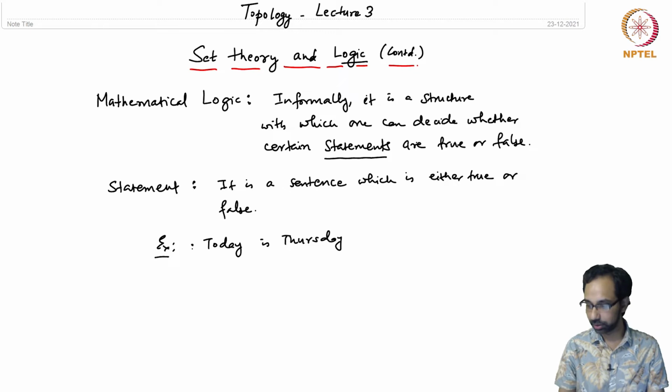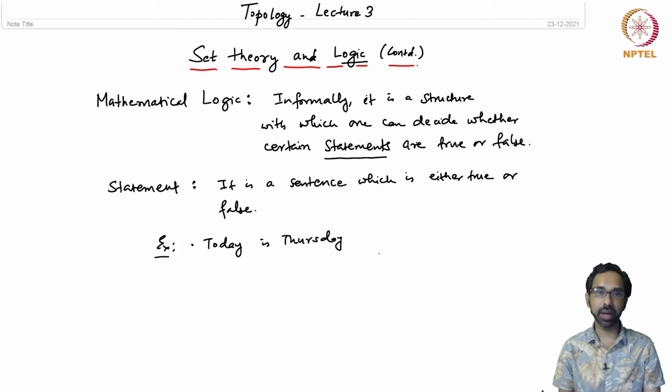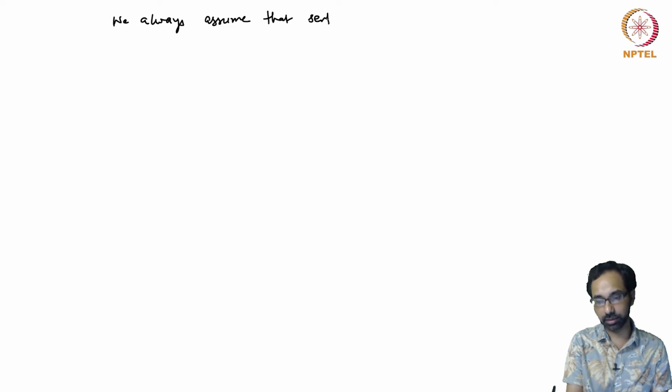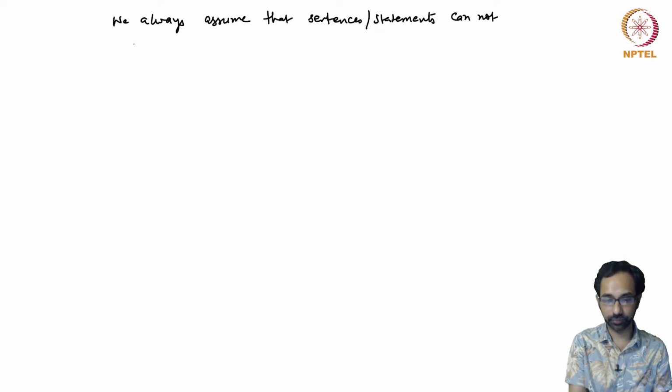This is a kind of statement which can be either true or false, but notice that it cannot be true and false at the same time. So in mathematical logic, we always assume that sentences or statements cannot be both true and false simultaneously.